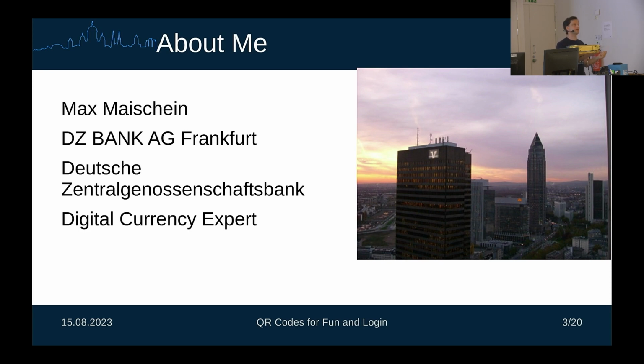My job title currently is digital currency expert, which mostly means I look at what the ECB is doing with the digital euro project that they are running, and also we are developing a separate currency for corporate customers, the commercial bank money token, which hopes to bring money on chain for corporate customers. But none of that is important today.